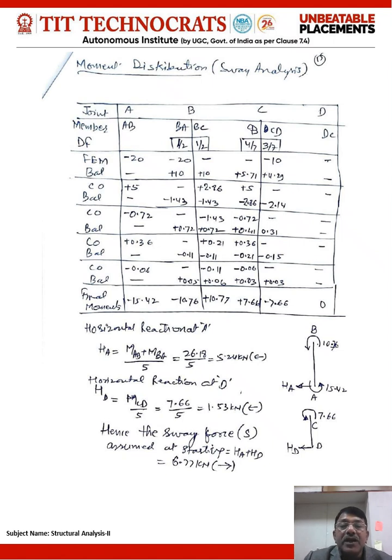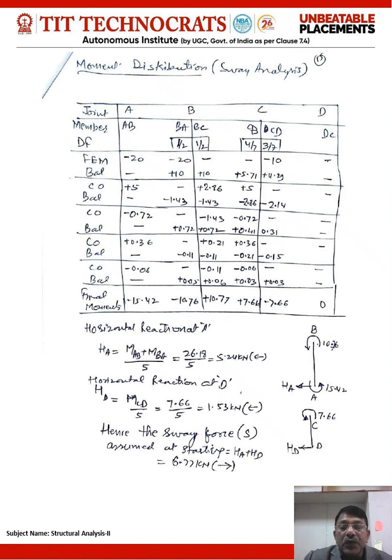After going through the proper moment distribution process, you can notice that the horizontal reaction at D is obtained as 1.53 kilonewton, and at A it is 5.24.